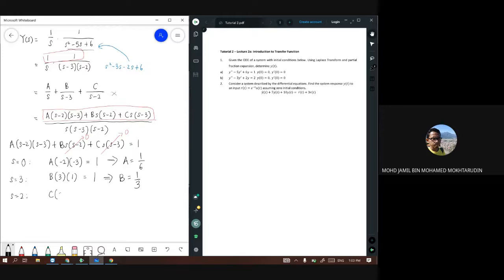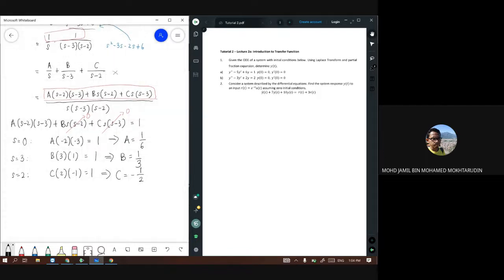So C times 2 times -1 equals 1. So C equals -1/2. Okay, so you substitute the value of s yang menjadikan salah satu daripada 2 tu sama dengan 0.